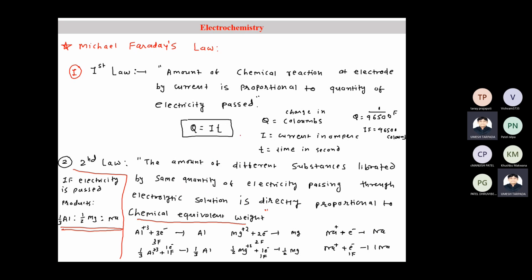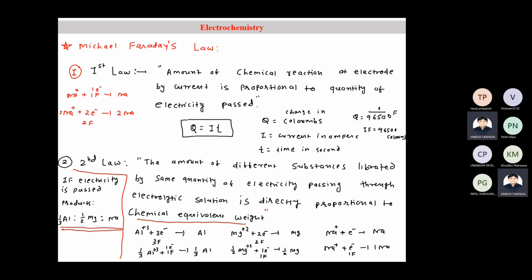But in the first law, we keep the electrolyte the same and pass a different quantity of current. Second law માં આપણે current same રાખીએ છીએ, દરેકમાં 1 ફેરાડે. ફર્સ્ટ લો માં આવું નથી. ફર્સ્ટ લો માં સોડિયમ પ્લસ હોય અને 1 ફેરાડે કરંટ રાખીએ અથવા 1 ઇલેક્ટ્રોન, so you are getting 1 mole sodium. પછી 2 ફેરાડે કરો છો, so definitely it will give 2 mole of sodium.